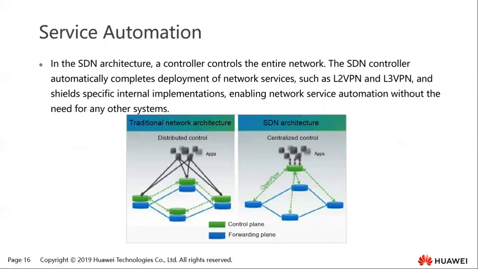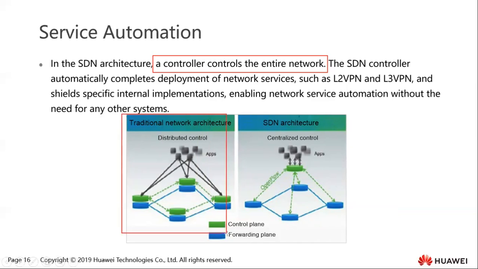So, service automation. In the SDN architecture, the controller controls the entire network. So we've already said this many times. The SDN controller automatically completes deployment of services such as layer 2 VPN and layer 3 VPN, and shields specific internal implementations, thereby enabling network services automation without the need for any other systems.